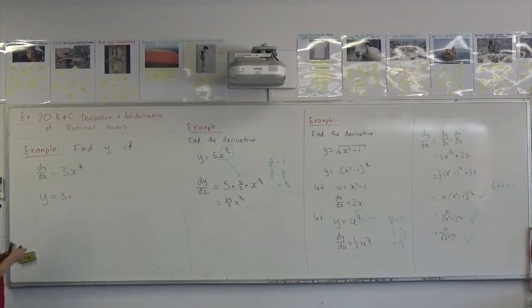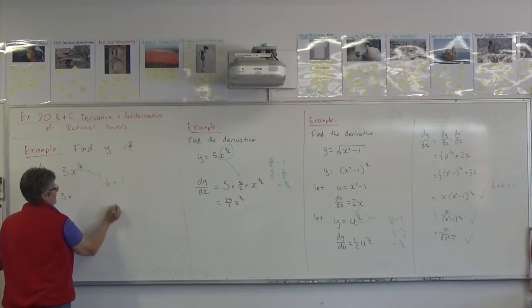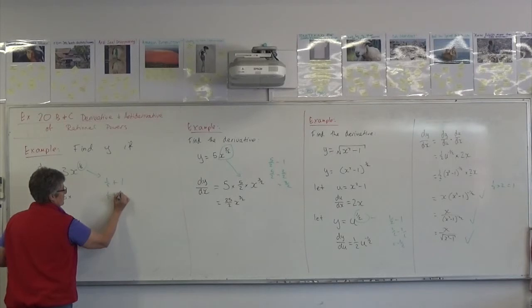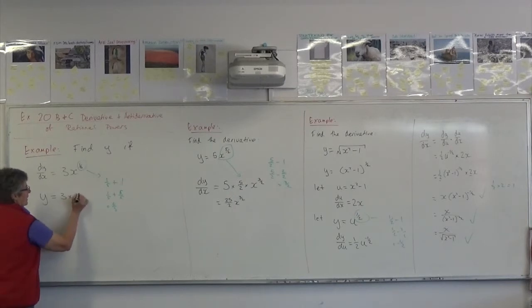I add 1. So with this, it's going to be 1/5 plus 1. And so then that over the new power. So plus 5 over 5. Okay. So I get my x to the 6 over 5, and then I've got to divide by 6 over 5.